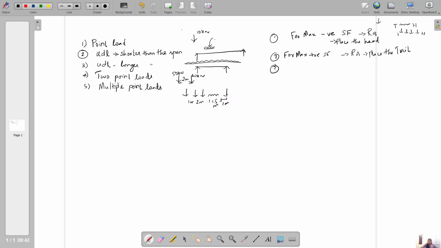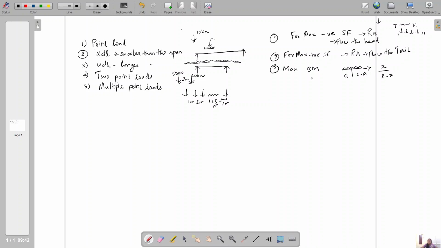Okay. Next one, for maximum bending moment, in the case of UDL shorter than the span, we have to divide the UDL in the same ratio as the section divides the beam.